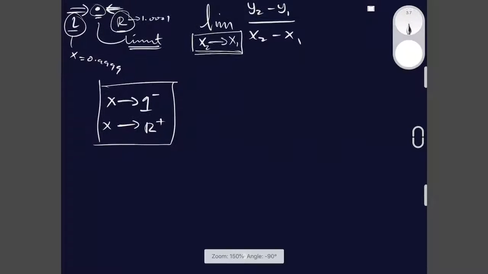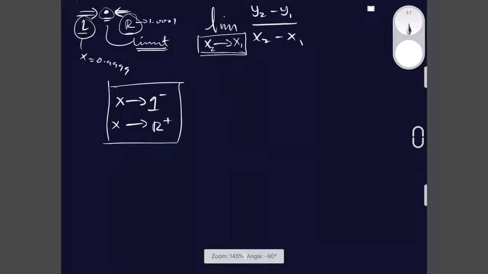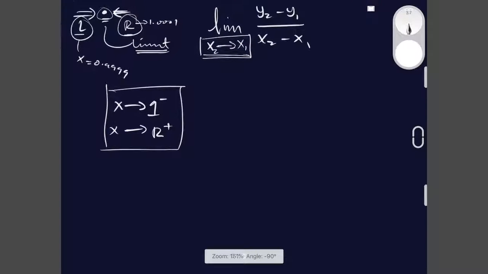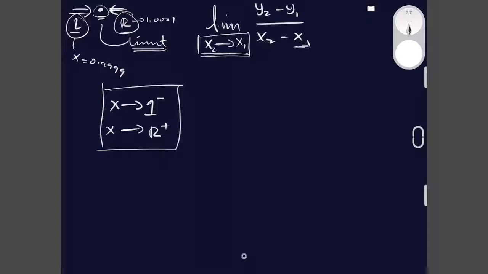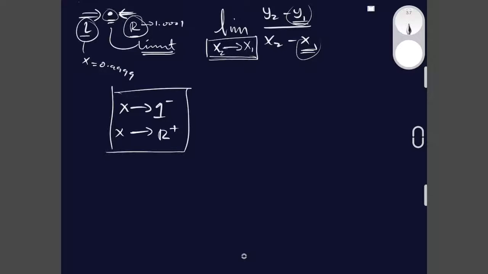But we know x1 is our value, the point that we had. x1 is just the value of our point, and y1 is the value of the function at our point.